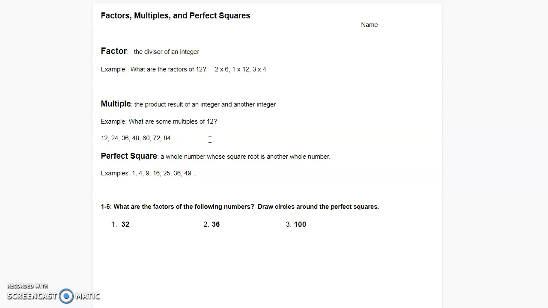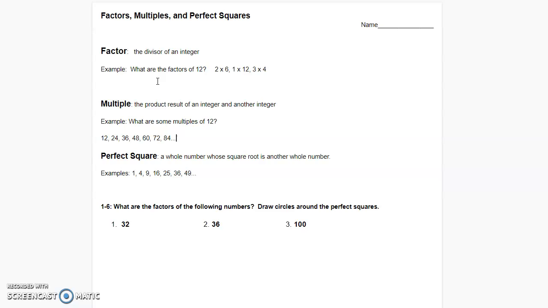All right, and perfect square. A perfect square is a whole number whose square root is another whole number. Now, the word integer again means a number that doesn't need fractions or decimals and can be positive or negative.